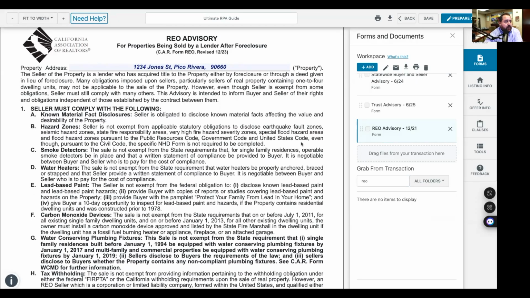Seller must comply with the following. Known material fact disclosures. Seller is obligated to disclose known material facts affecting the value and desirability of the property. So just because I'm not the owner, right? In this case, it's an REO. If I'm an REO agent, the people that run the accounts for the REOs have never seen the property.